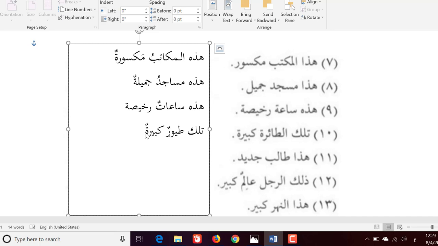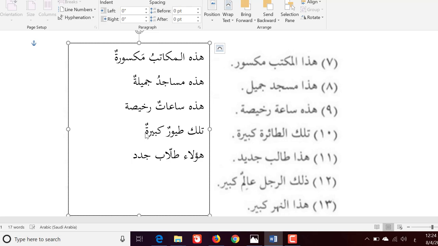Okay, هذا طالب جديد. So now be careful, they're tricking you here. So this would become هؤلاء طلاب جدد, because remember طالب is human, so we can use the plural form with that.